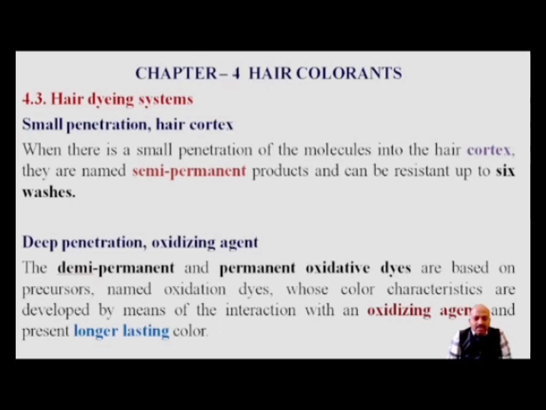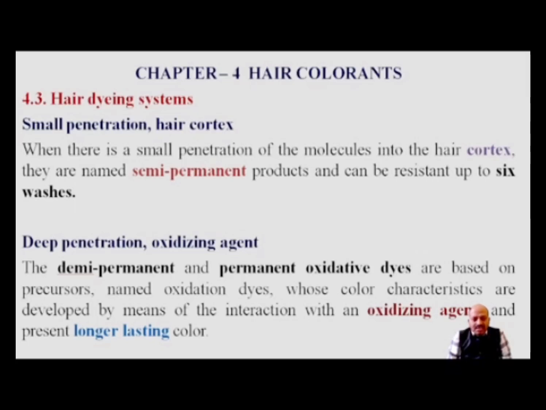And there is also another type of dyeing system called deep penetration, in the presence of an oxidizing agent. The demi-permanent means, demi means 50%, we can say coloration of 50%. The demi-permanent and the permanent oxidative dyes are based on the precursors named oxidation dyes, whose color characteristics are developed by means of interaction with an oxidizing agent and present longer lasting color.